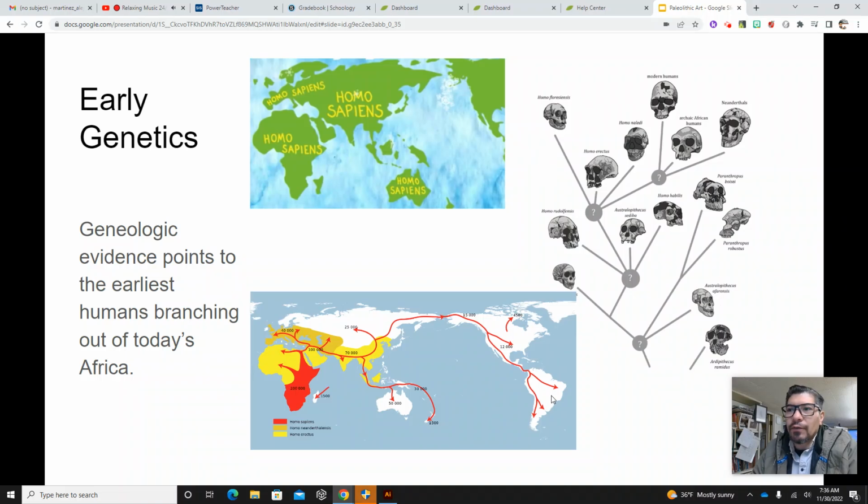So, we want to start this conversation by pointing out the obvious, right? That our genetics are traced back to about 200,000 years ago with Homo sapiens as a species of people, early humans that were found in Africa.